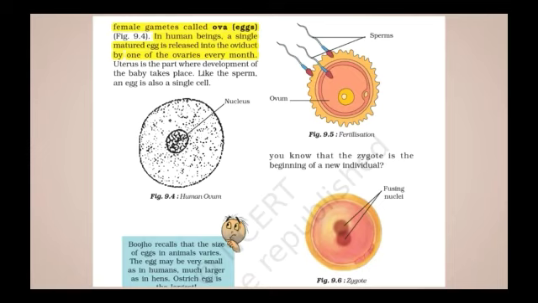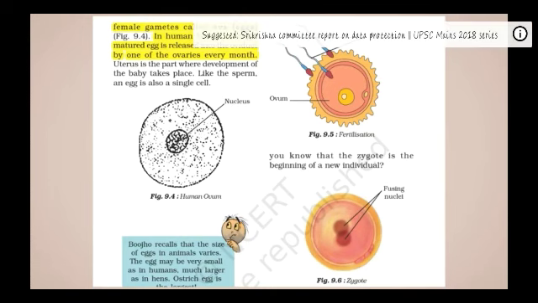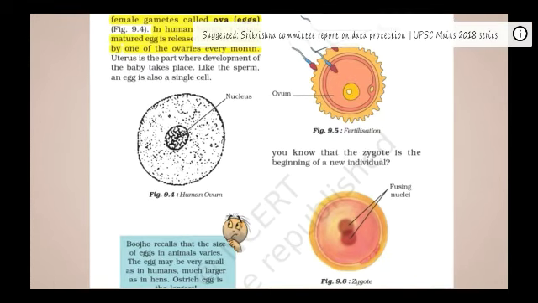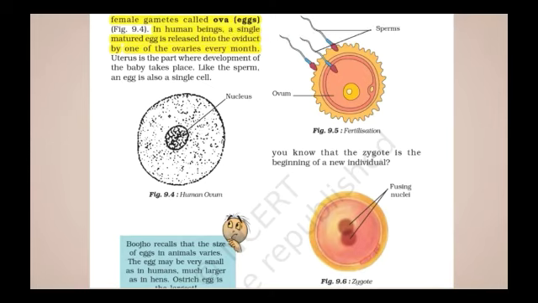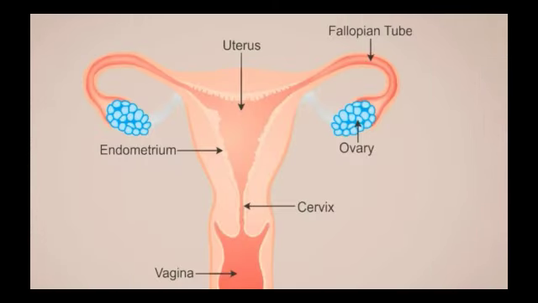The female gamete in humans is the egg cell, also known as the ovum, right? Each ovum is generally released by one of the ovaries every month. In human beings, a single matured egg is released by the ovaries every month.